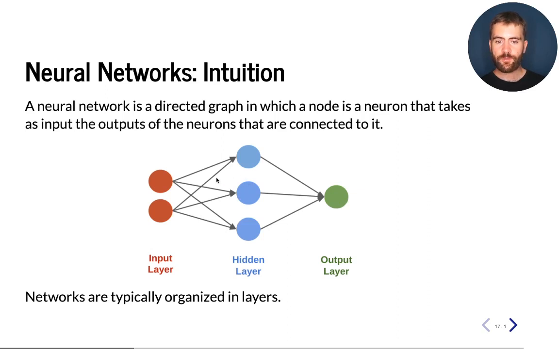For each arrow we have an associated weight. For a given neuron, its input arrows correspond to dendrites, and the red circles correspond to the input signals that get received via these dendrites.